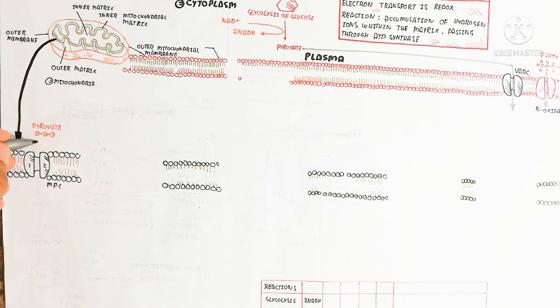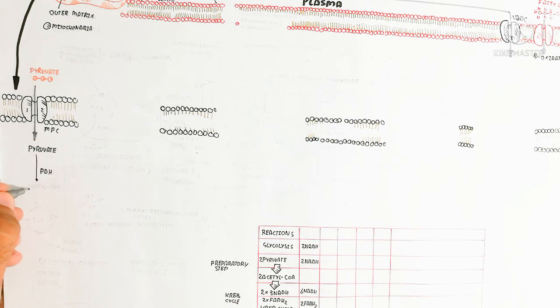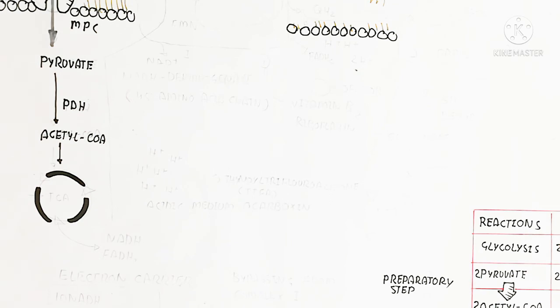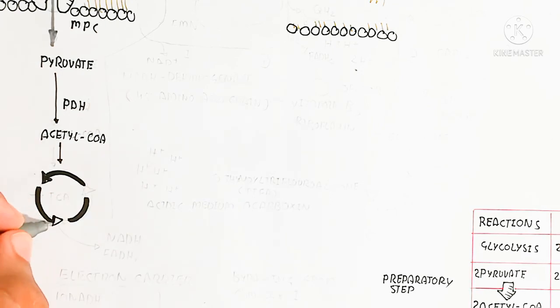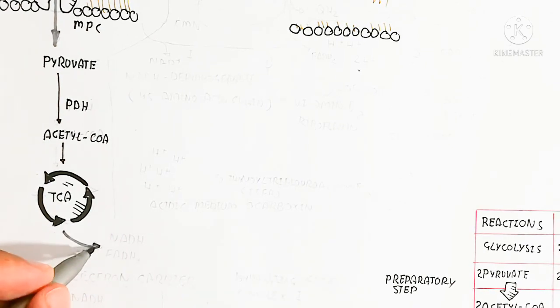In the presence of the pyruvate dehydrogenase enzyme, it produces acetyl CoA, which we discussed in the previous diagram to understand the Krebs cycle. So the acetyl CoA goes into the Krebs cycle to produce 10 NADH and 2 FADH2 with the 2 pyruvate. So remember that. I hope it makes sense in this manner.